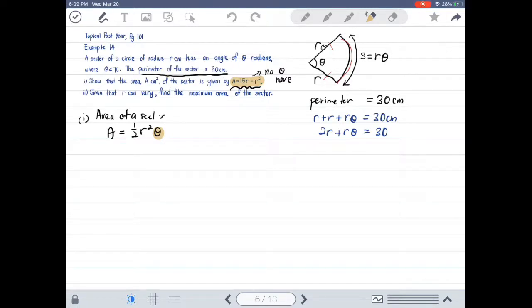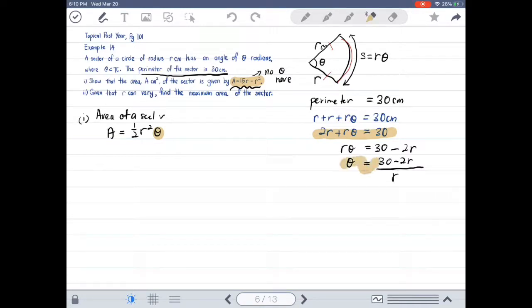So from the information that we have given before, we can actually make theta the subject. So we have r theta is just equal to 30 minus 2r. Therefore, theta is equal to 30 minus 2r divided by r.